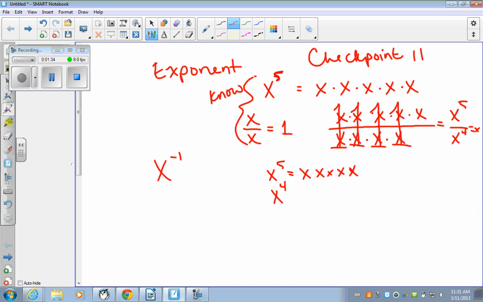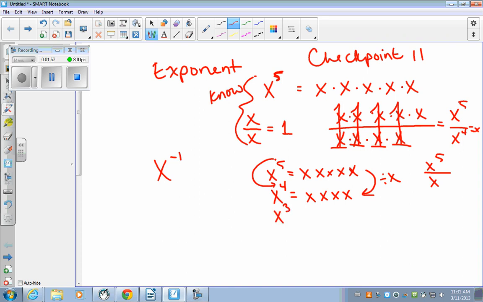Let's just go down by 1. So I'm just going down by 1 on the powers. Here, what's happening, of course, x to the 4th is when I have 4 x's being multiplied by each other. I also want you to notice that essentially what I did was I took that x to the 5th and I divided it by x. So now I just have x to the 4th.